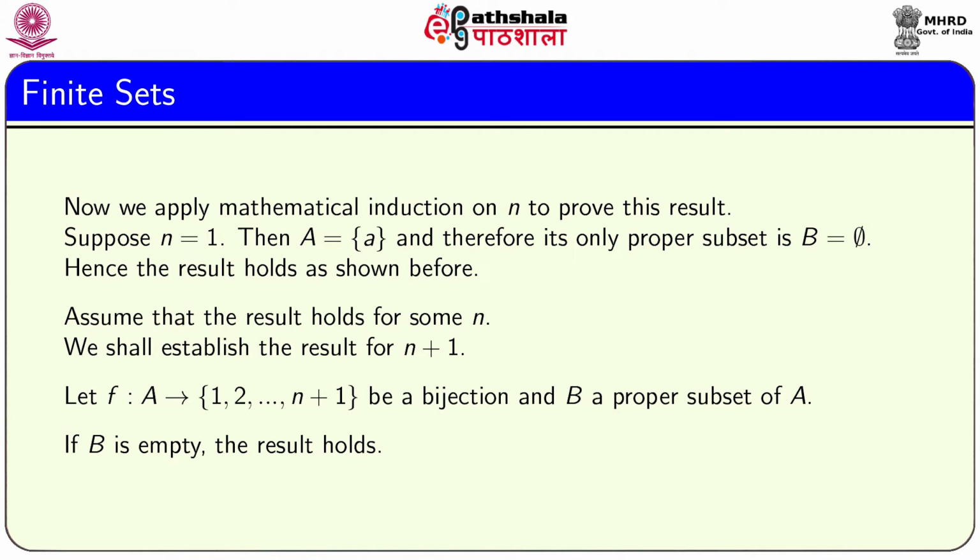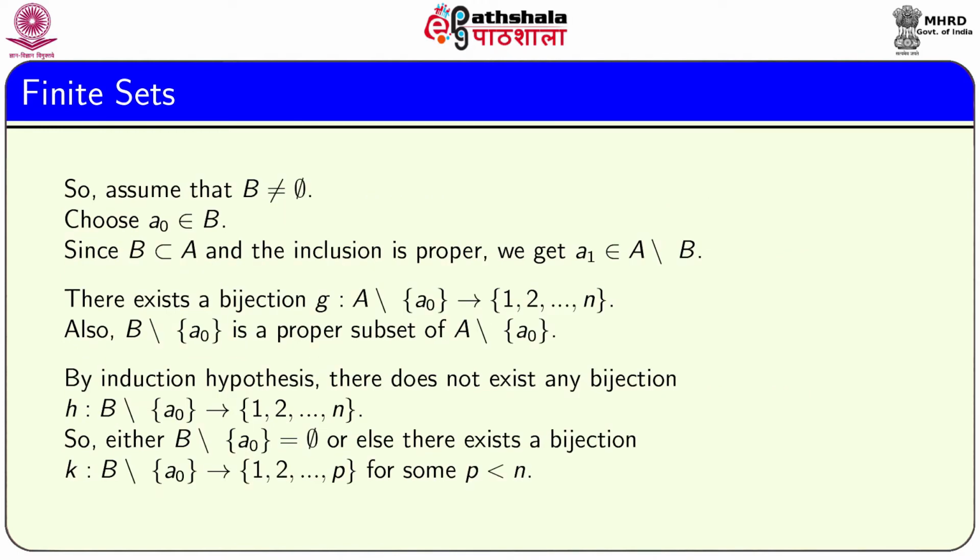Let f from A to the set 1 to n plus 1 be a bijection and B a proper subset of A. If B is empty, the result holds as we have shown earlier. So, we assume that B is not equal to empty set.